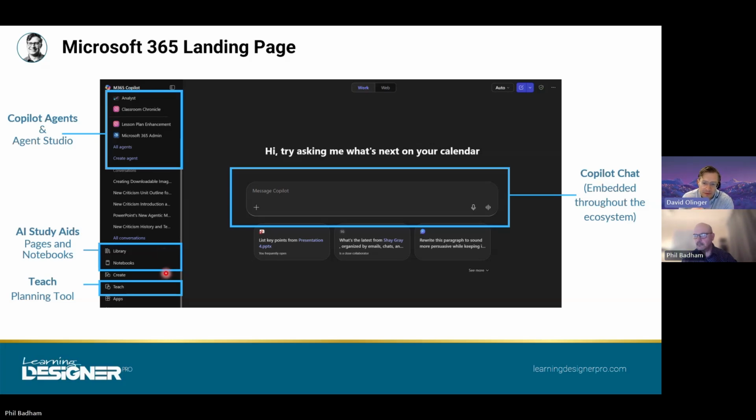And then you can see the Create button there. That's the app to help you with designing and making creative tools. And then there's the Teach tool, which we'll highlight today. And at the bottom, if you want that landing page you're used to with all of the Office apps, you click the Apps button at the bottom, and that'll bring you in so you can access your Outlook and Word, etc.